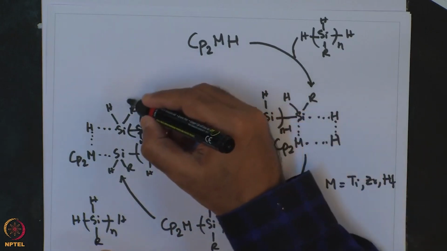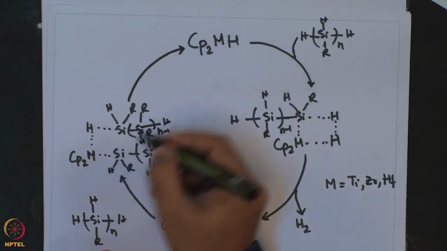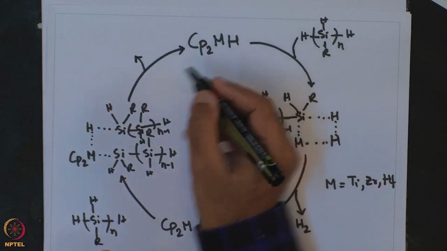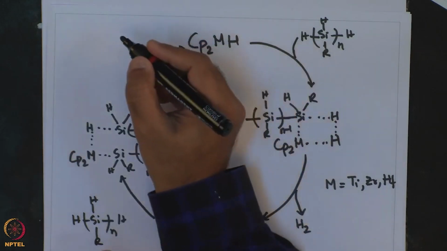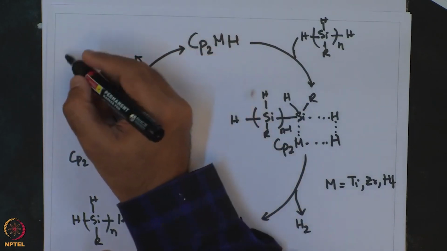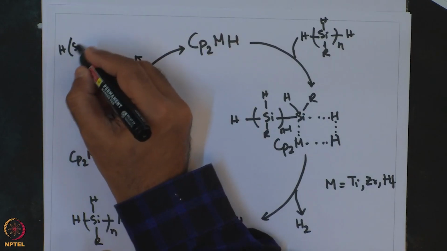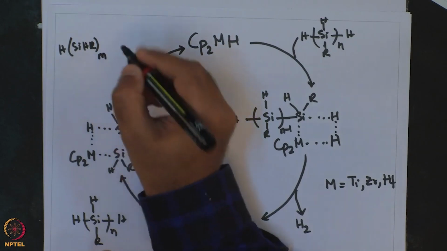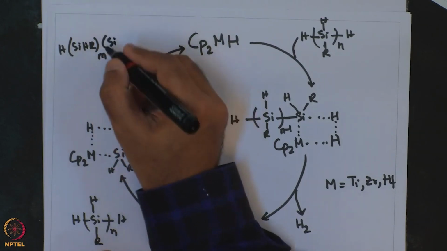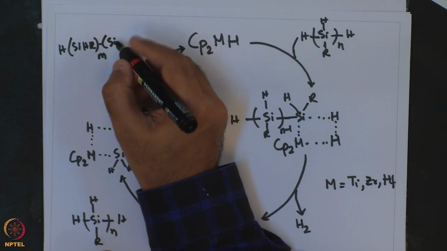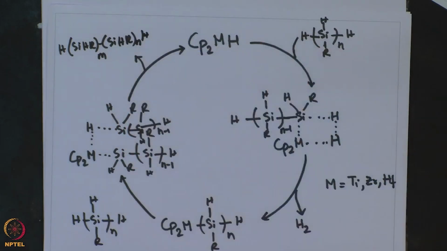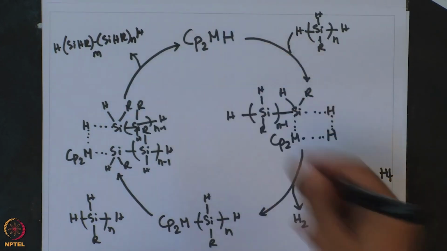Now, these will eliminate this coupled product, which is H Si H R n+1 Si H R n H, along with the generation of the metal hydride bond.